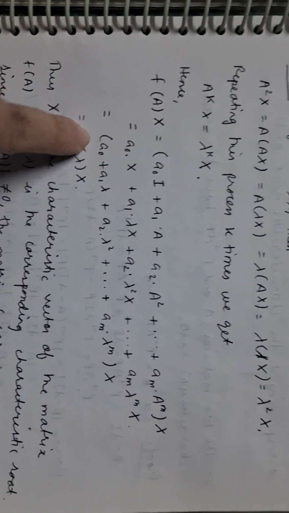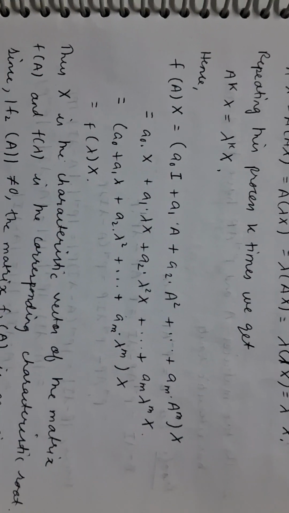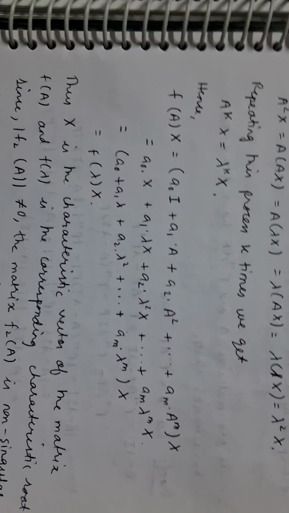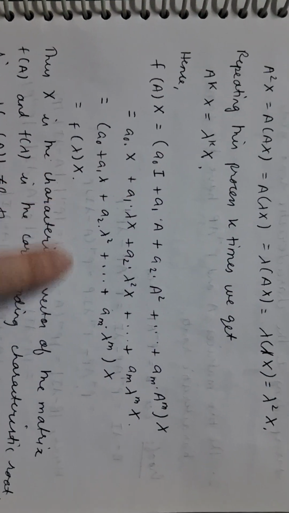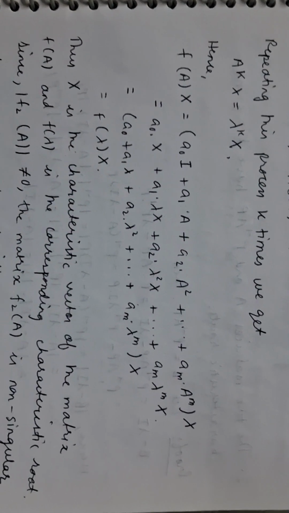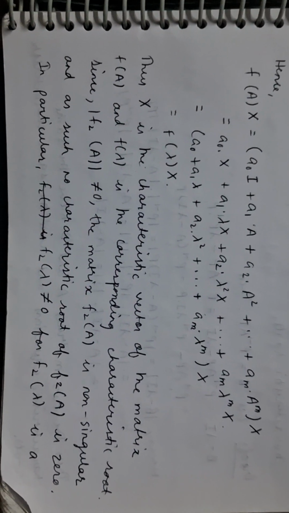On solving this, it comes out to be a0 plus a1 lambda plus a2 lambda squared and so on up till am lambda raised to the power m, multiplied by x. This is nothing but this equation in lambda form, which is f(lambda) x. Thus x is the characteristic vector of the matrix f(A), and f(lambda) is the corresponding characteristic root.